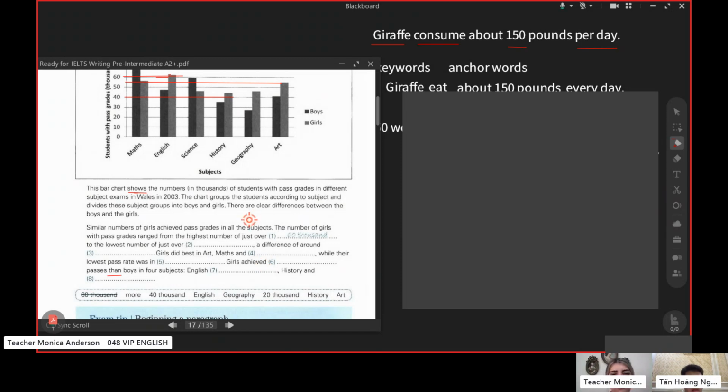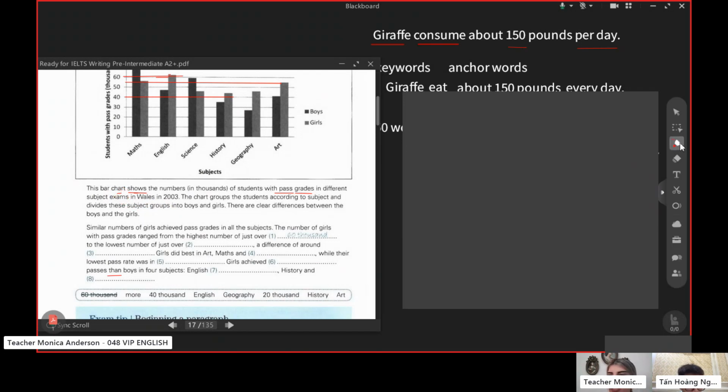No, actually, you don't need to use it as a keyword. You don't need to change it. So another one. I think with pass grade. Excellent. With pass grade. Very good. Okay, and now would you give me an anchor word? I think that is the bar chart.